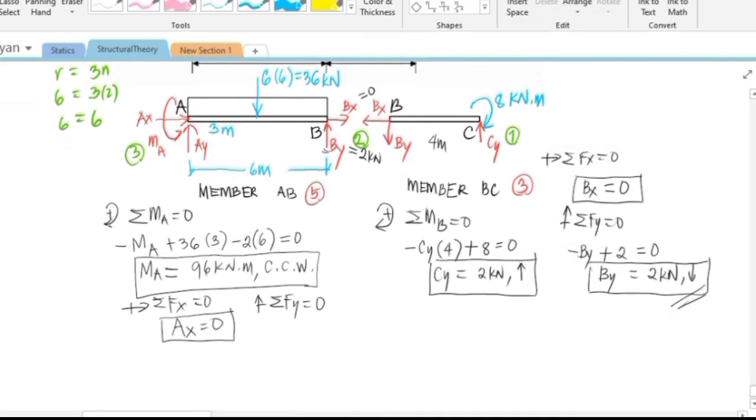Then makikita natin dito, since AY is directed upward, so AY is positive, minus 36, downward siya, so that is negative, plus the BY directed upward, so positive 2 is equal to 0. So meaning AY is equal to 34 kilonewton. Now, since yung sagot natin is positive, so tama yung assumption natin that AY is directed upward.